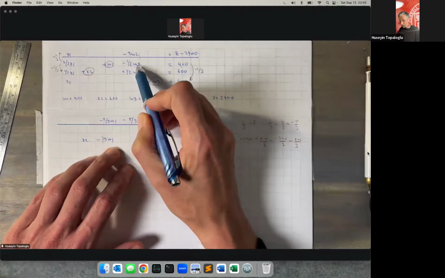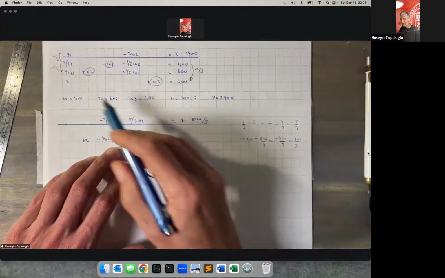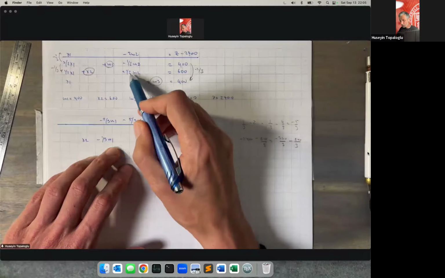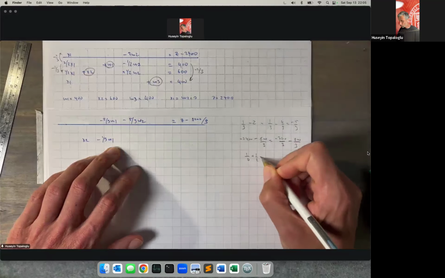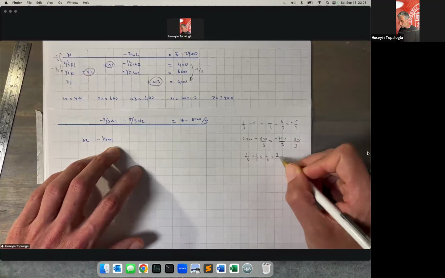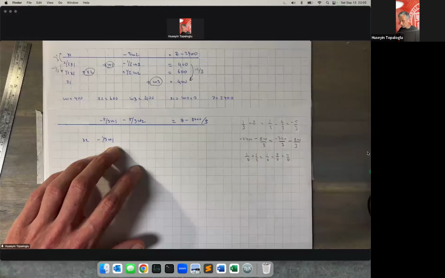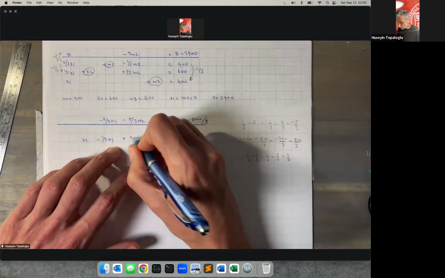Minus 1/2 w2 times minus 1/3, plus 1/6 w2, plus another 1/2 w2, 1/6 plus 3/6, that's 4/6. That is 2/3 w2.